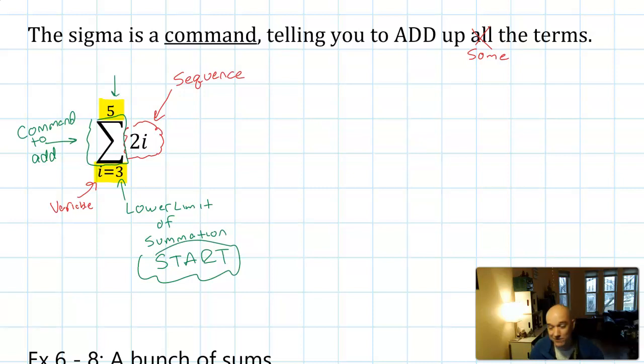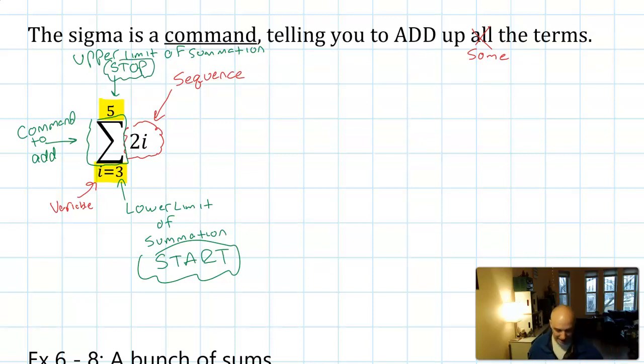And the 5 on top is called the upper limit of summation, and it, surprise, surprise, is telling you where to stop adding.